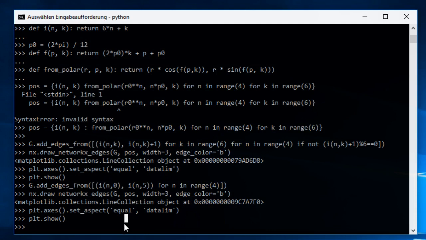And finally, we add the connecting lines. So that's add edges from and another list. And I thought about this for a moment. Let's take a look here to explain this.